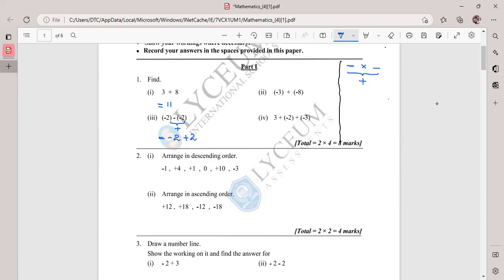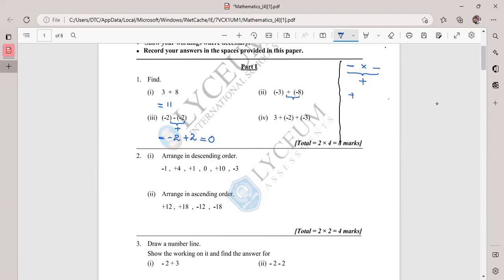When you have 2 signs like this, children, first of all you want to do this conversion. When you multiply negative and negative, you will get a positive answer. So this should be +2, and -2 and +2, the answer will be 0, right? Again, here you can see positive and negative.